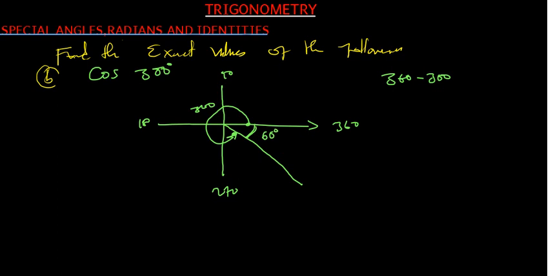Now we know that in the fourth quadrant where we are, cos is positive, so we'll say cos 300 is the same as cos 60. In the quadrant where it is, cos is positive, and we know that cos 60 is 1 over 2. So that will be the exact value in that case.